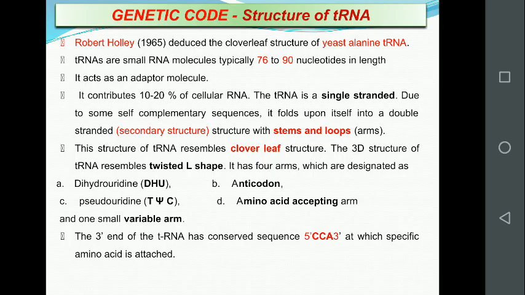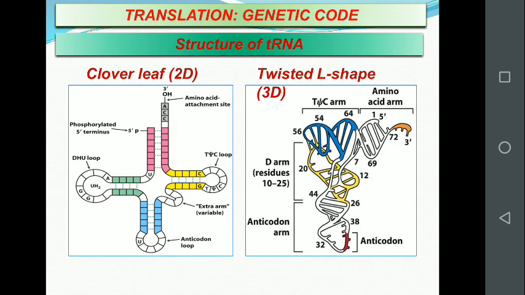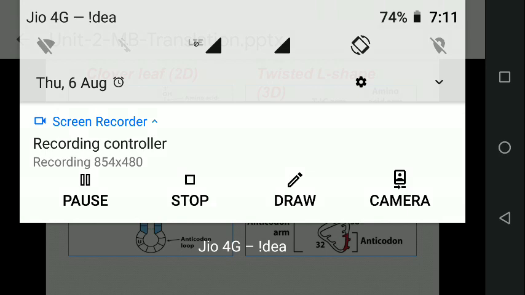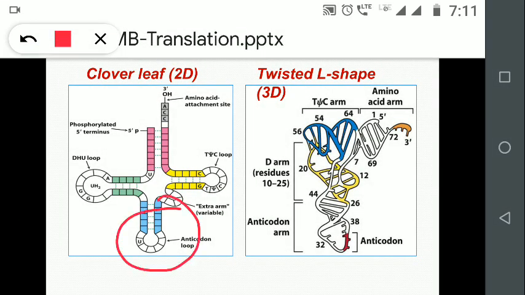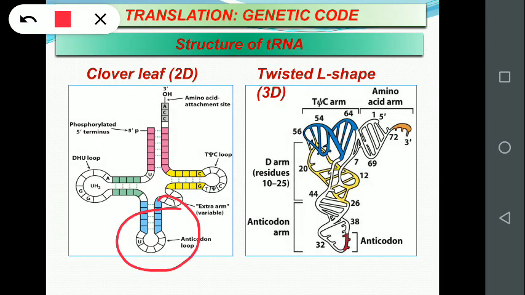That is about the genetic code and tRNA structure. When we look at the structure of tRNA, we have 4 different arms. The main arm is the anticodon arm, a stem and loop structure, the anticodon loop. This anticodon loop contains the anticodon, that means 3 bases.